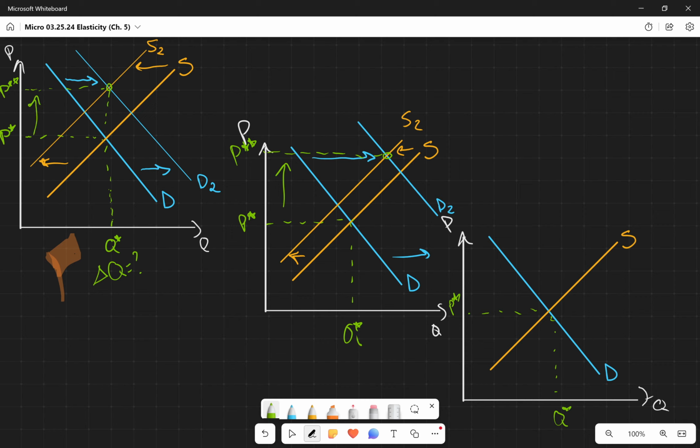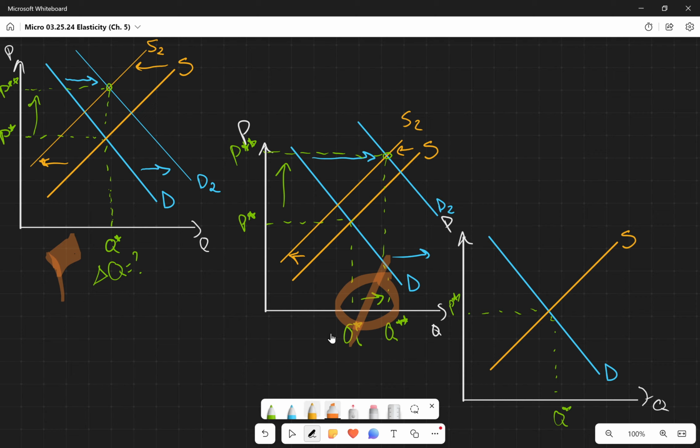But because of the way we drew it, and we were not told that the demand is going to shift significantly larger than the supply shift, but we just drew it that way, we are erroneously going to think that the quantity increased when it did not.